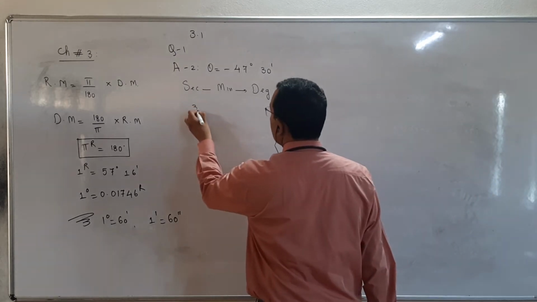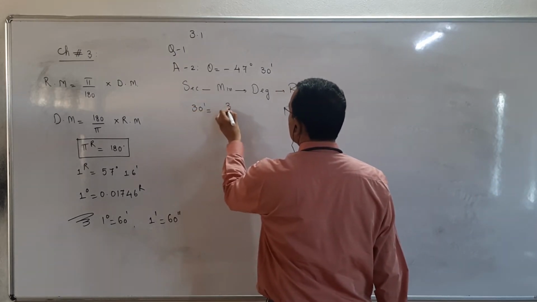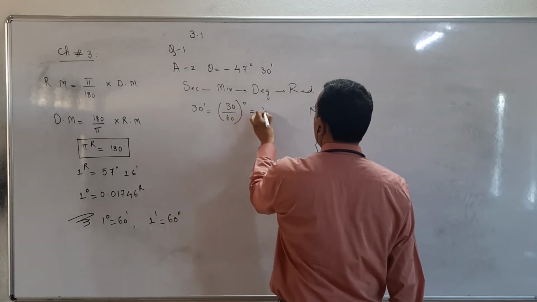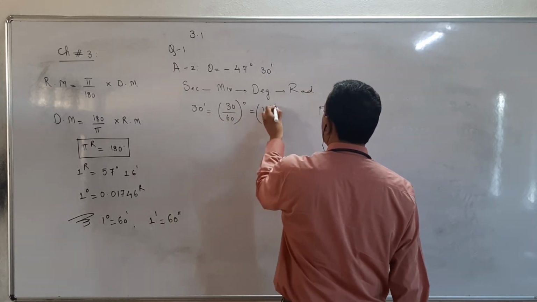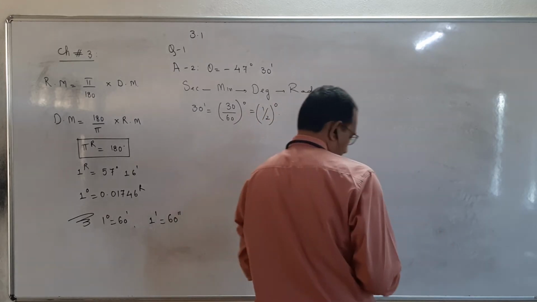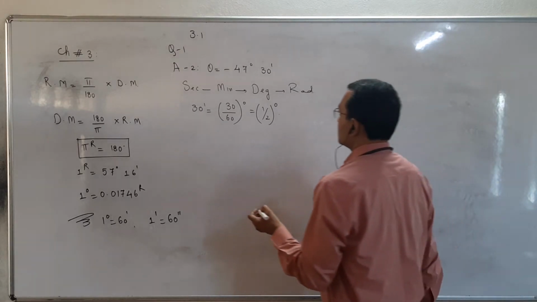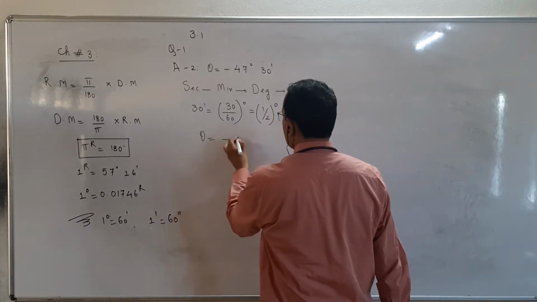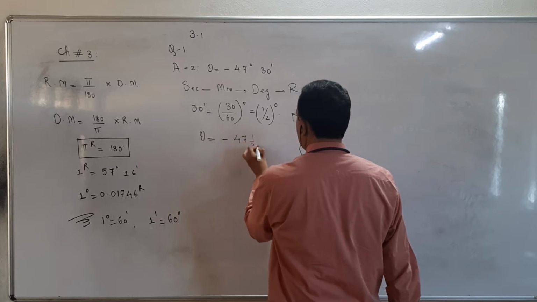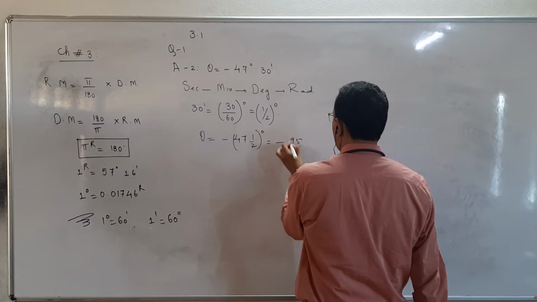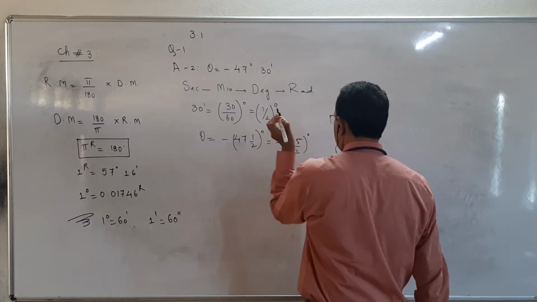So 30 minutes will be equal to 30 upon 60 degree, and that is half a degree. Add this to the given as a fractional part, so minus 47 integer by 2, and that is minus 95 by 2 degree.